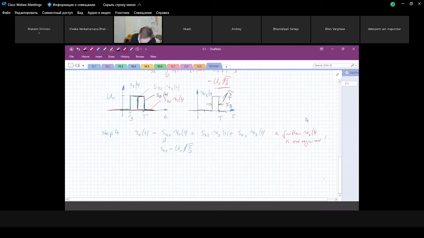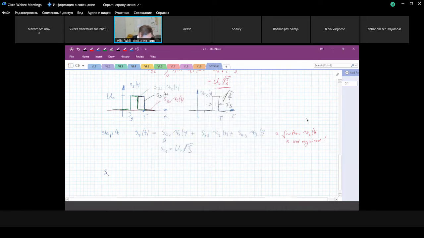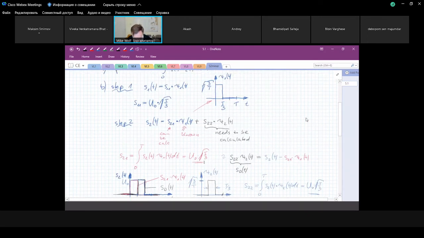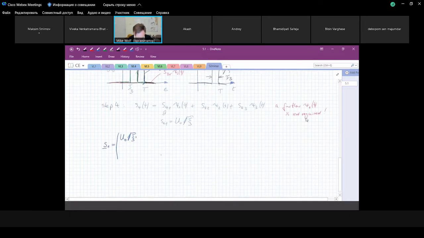So, now we can say we have the 3 basis functions, and we have the signal vectors now. We could say the signal vectors are the following vectors. S1, the signal was only built by means of the first basis function. So always, if you use Gram-Schmidt, you always have only a first component here. In our case, S11 is u naught times square root of T by 3, and this is shown here.